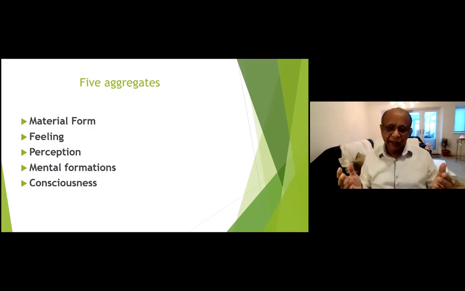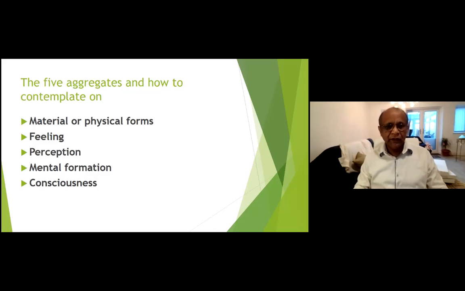So if we can contemplate on the 5 aggregates, that would be enough to understand what suffering is. Okay, let's go one by one. So you've got material form, feeling, perception, mental formation, and consciousness.